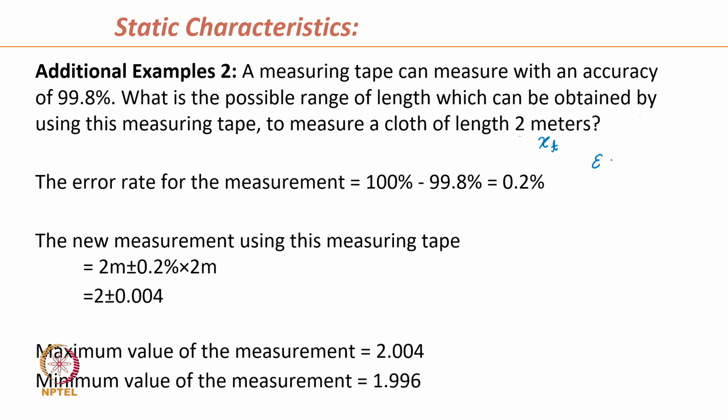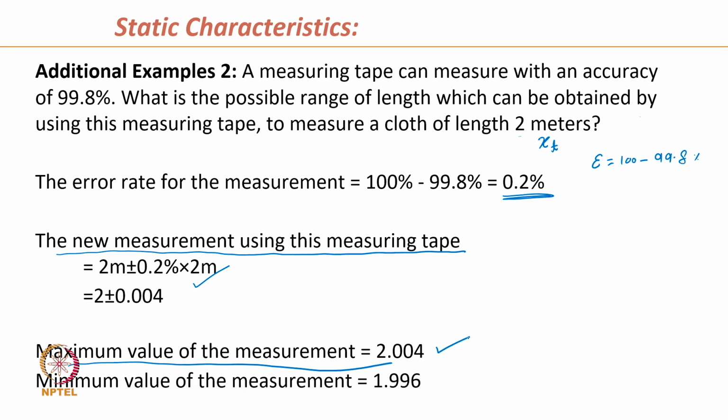So the error will be 100 minus 99.8%, which is 0.2%. Now the measured value using this measuring tape will be the actual value 2 meter plus minus the error, which is 2 plus minus 0.004. So the maximum value of measurement will be 2.004 and the minimum value will be 2 meter minus 0.004, which is 1.996.